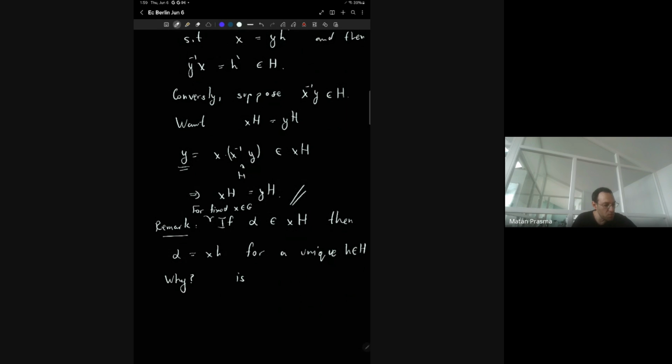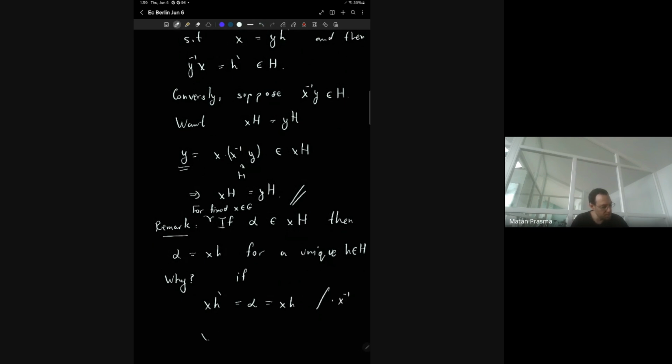If you can write alpha as xh on one hand, and alpha as xh' on the other hand, then I can multiply this equation on the left by x^-1.